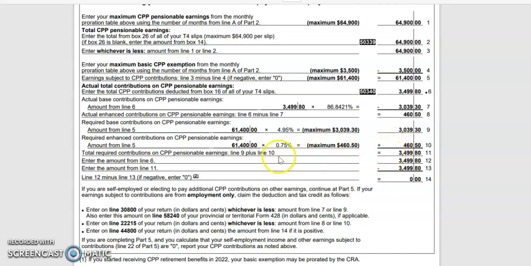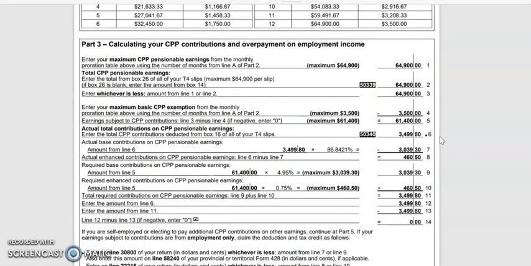Added those together is the total required contributions on your CPP pensionable earnings, which is your $3,499.80, okay, and the $3,499.80 is your maximum that you can pay.